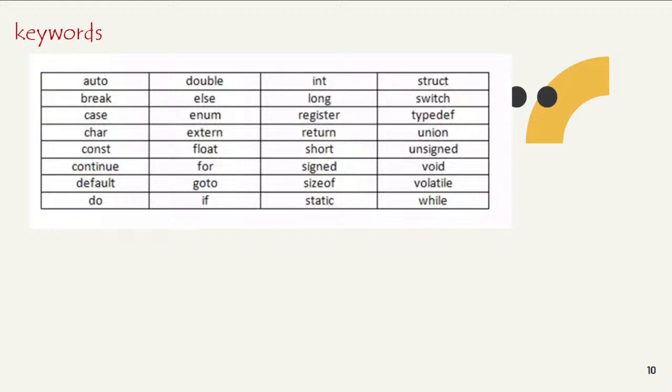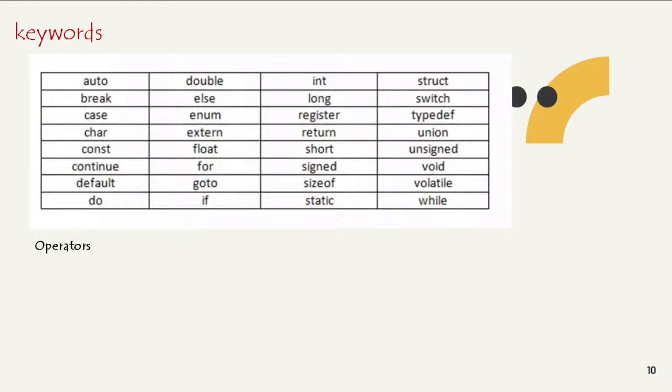So for these purposes, we can use these keywords in C programming language. And I forgot const: const is a keyword which is used to define a constant in C programming language.